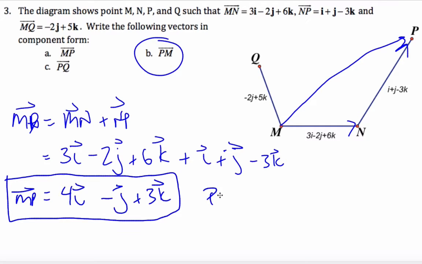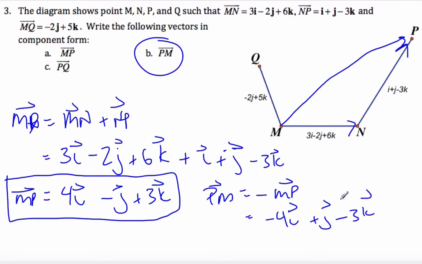PM then is equal to just going in the opposite direction, minus MP. And so it's going to be negative 4I plus J minus 3K.